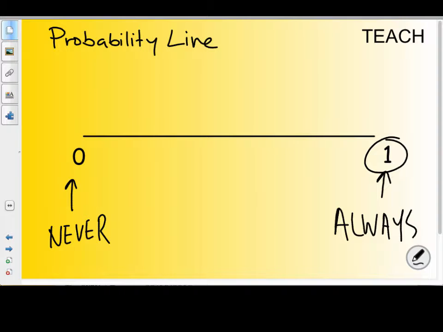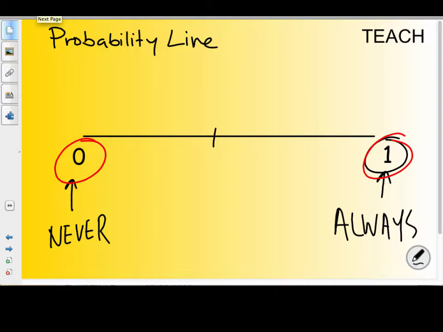The sun always rises in the east, every day. Unless it's cloudy, but even if it's cloudy, it's still rising. So 0 means it never happens, and 1 means it always happens. And with chance, guys, everything falls somewhere between 0 and 1.